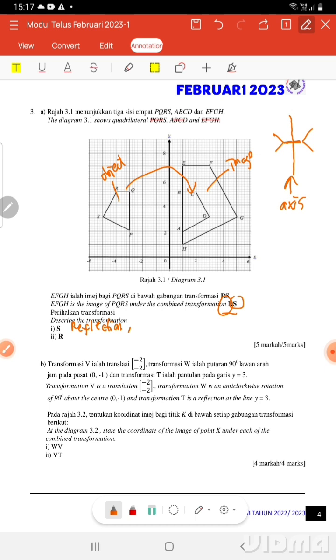It means the distance from your object to your mirror is the same as from your mirror to your image. If you see the number of boxes here, 1, 2, 3, 4, then 4 divided by 2 is 2, so your axis is here.